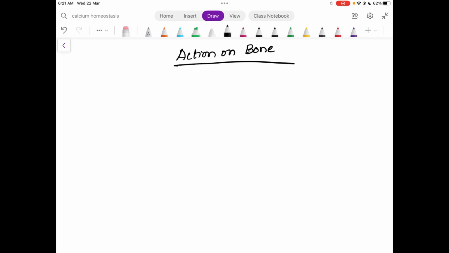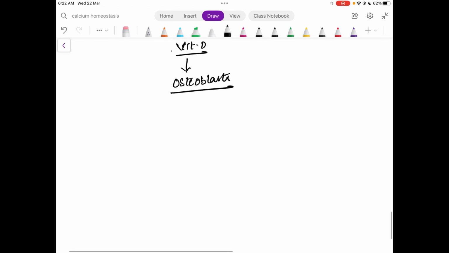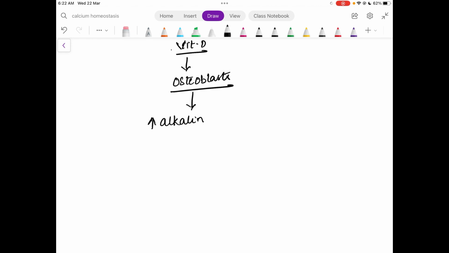In bone, vitamin D will act on osteoblasts, and it causes increased alkaline phosphatase levels from the osteoblasts.